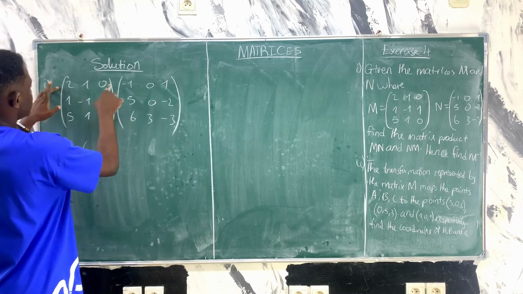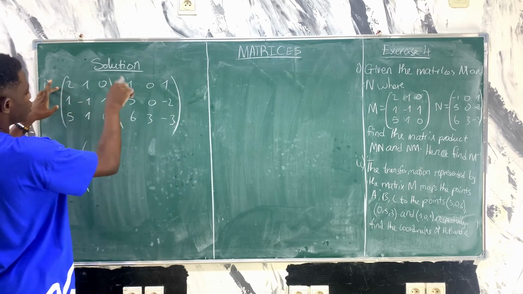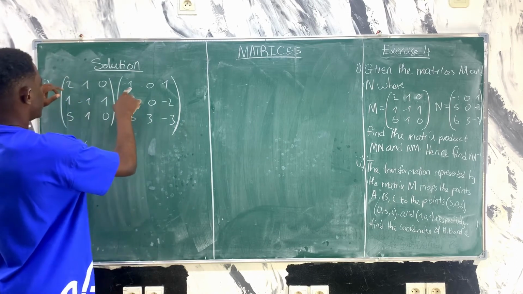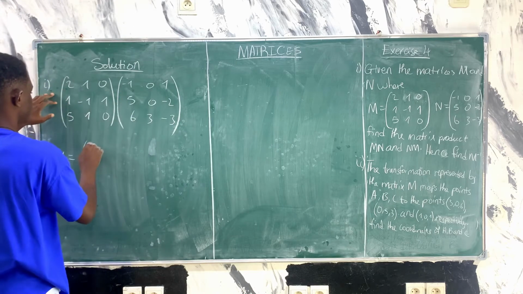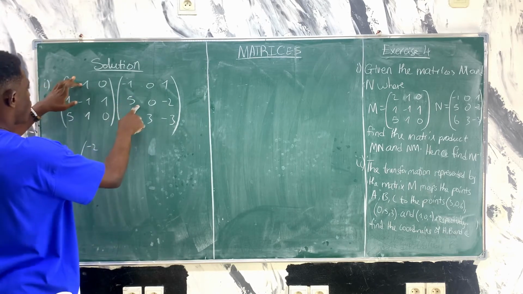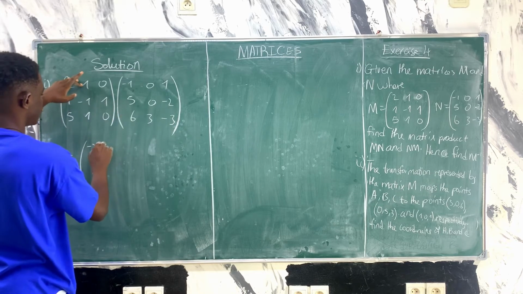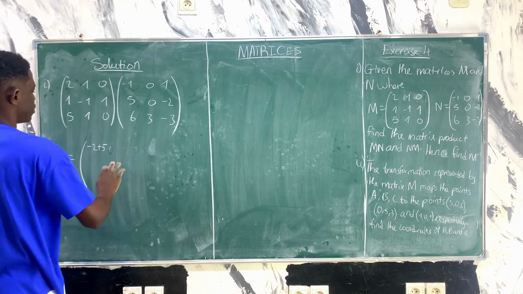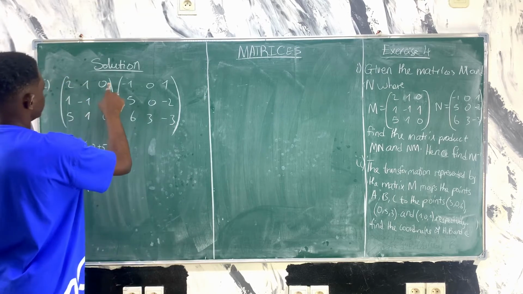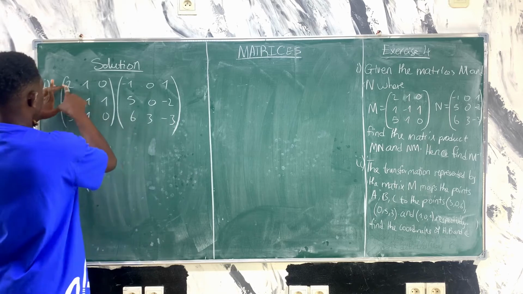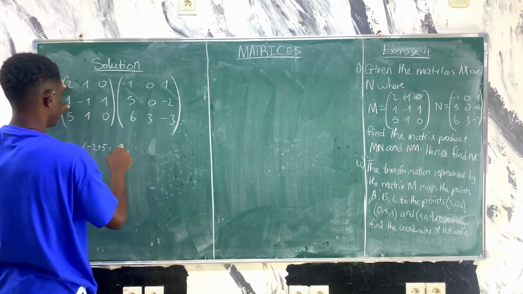So we multiply the rows of the first by the columns of the second. So we have 2 times minus 1, minus 2, plus 1 times 5, 5, plus 0. So that is first row, first column. We have first row, second column.